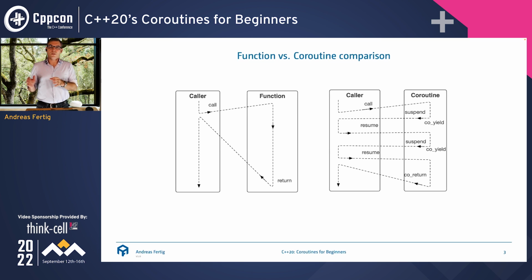Now, coroutines, on the other hand, work differently. On the right, you see that when a caller calls a coroutine, it can execute a number of instructions and then decide to suspend, because coroutines are suspendable and resumable functions. And coroutines can suspend themselves by saying either co_yield or co_await.